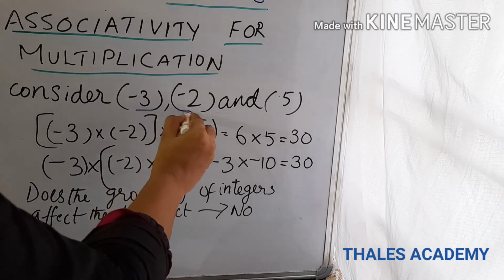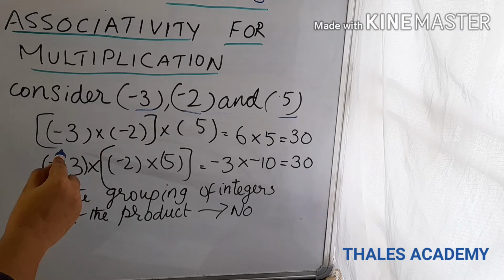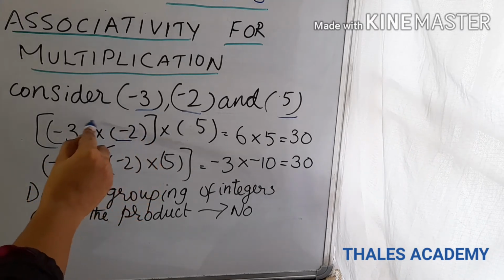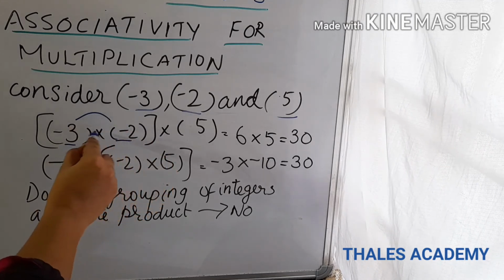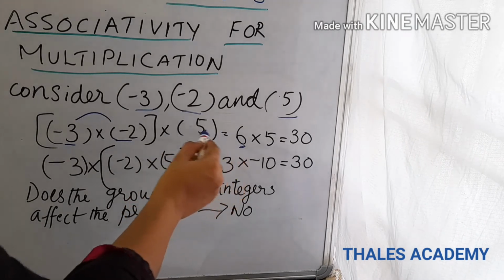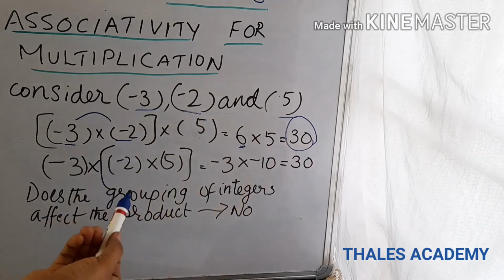If we group the first two integers, minus 3 and minus 2, and multiply them first, we get a result 6. Then we multiply 6 with 5. We get the answer 30.